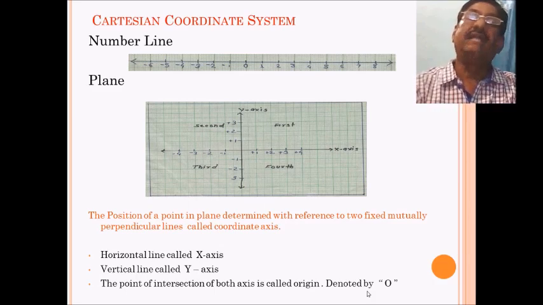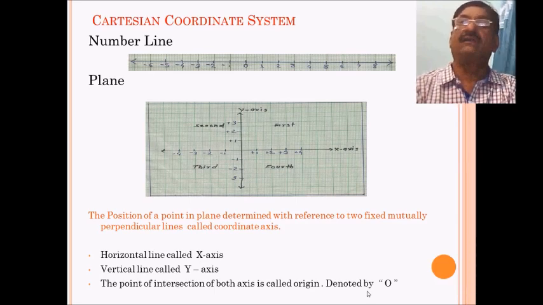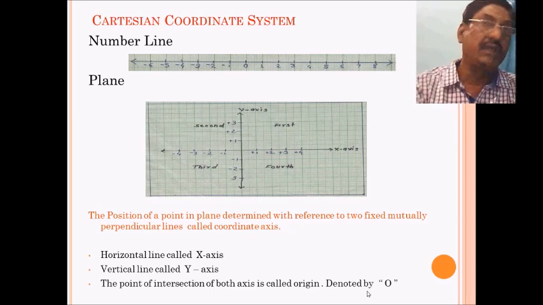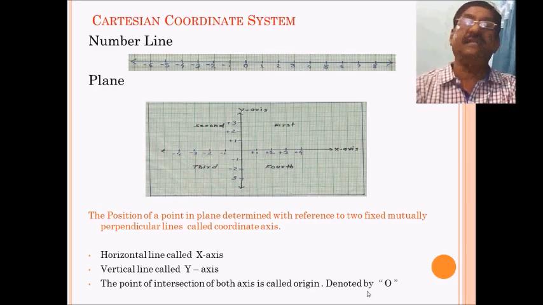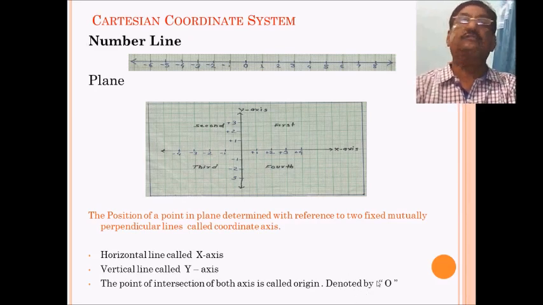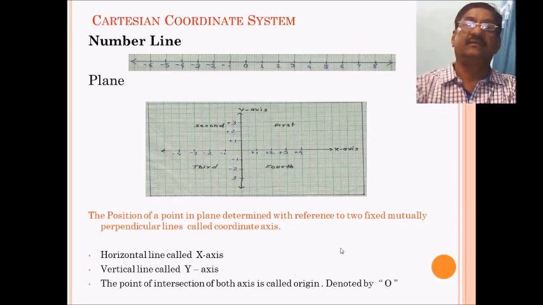On the upper side, OY is the positive side of the y-axis, and OY' is the negative side of the y-axis. The intersection point of these lines is known as the origin, and this origin is denoted by the symbol O.